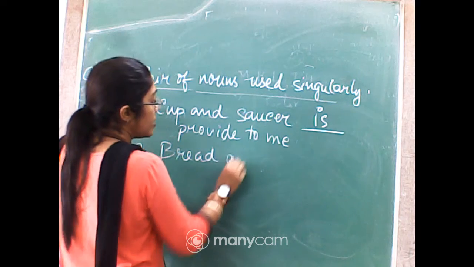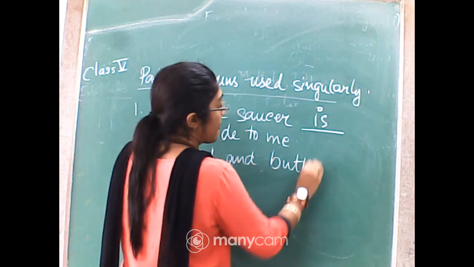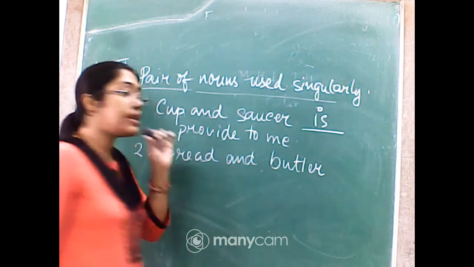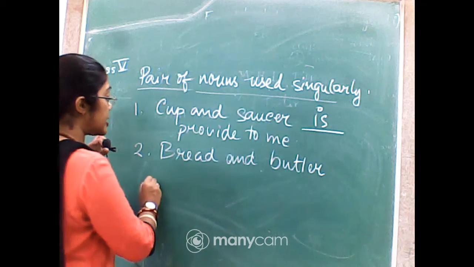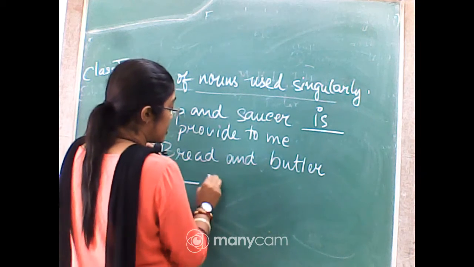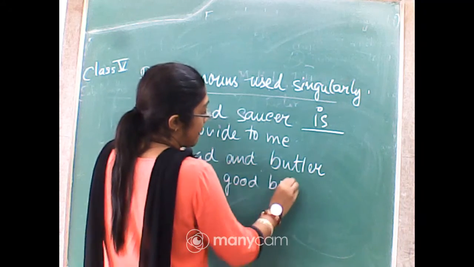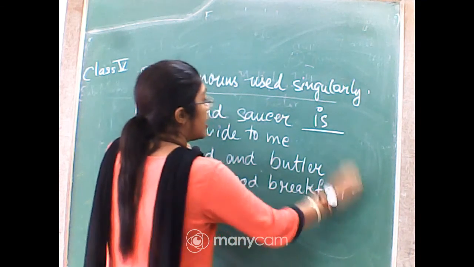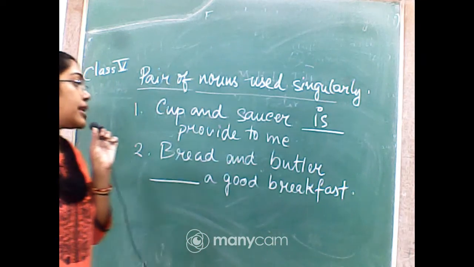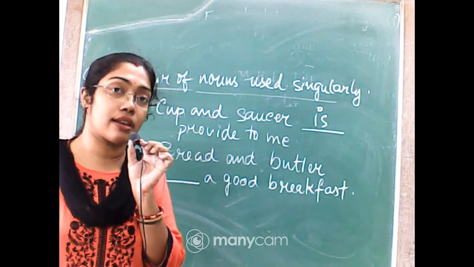Okay? Now my next example is bread and butter. Now if I'm making the sentence like this, bread and butter dash a good breakfast. What you will write, is or are?